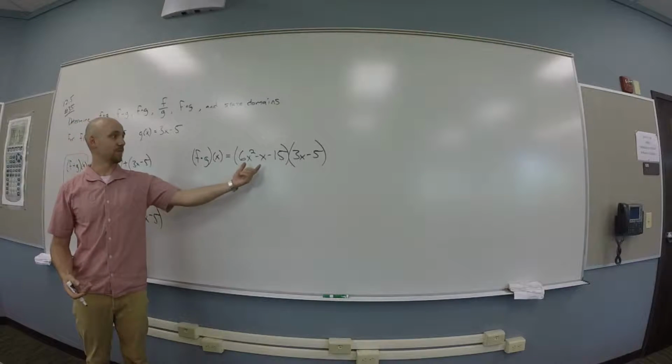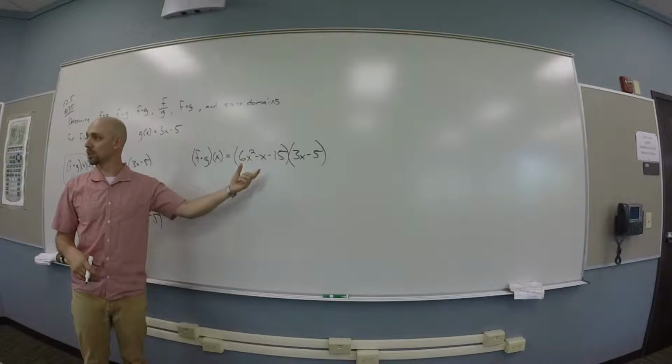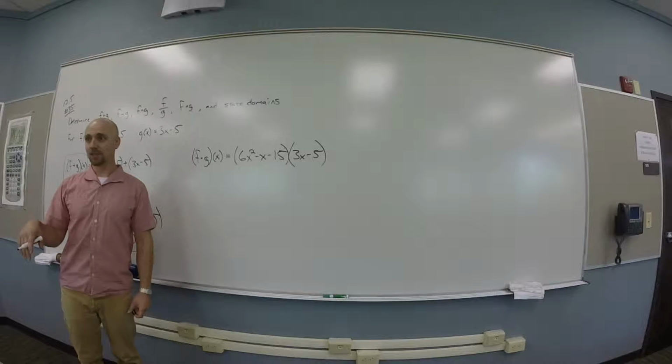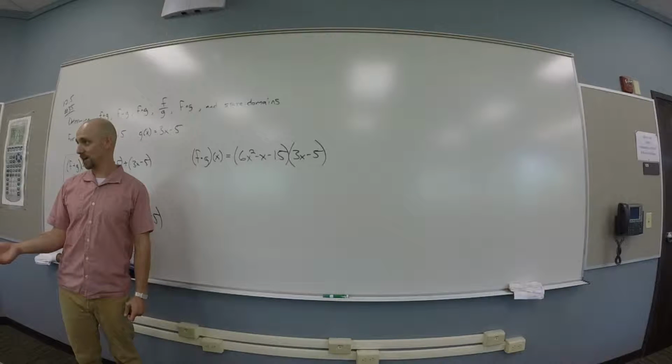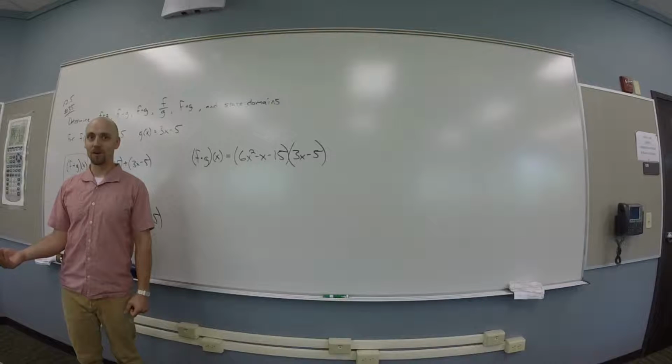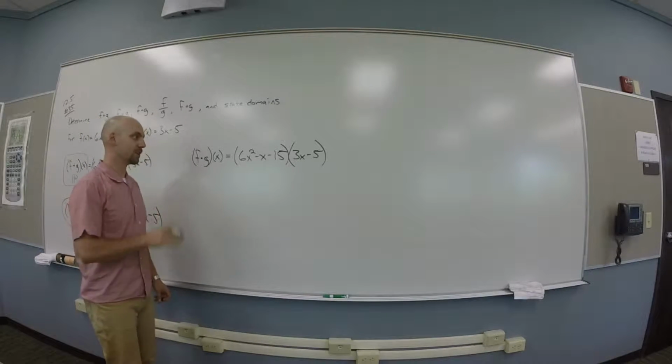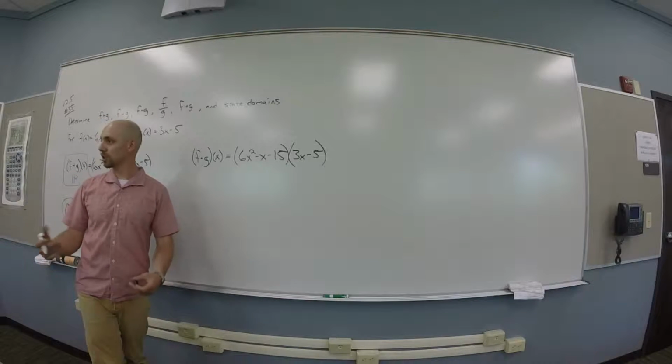I'd have to factor this piece a little bit more, but otherwise it's pretty close. If I distribute first, and then the next person wants it factored, that's a lot harder. She's got a lot of work ahead of her, right? So I would leave it here. You certainly could distribute, it's not wrong.